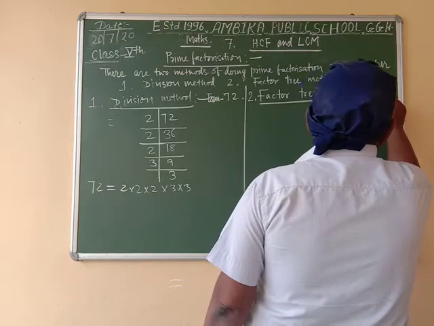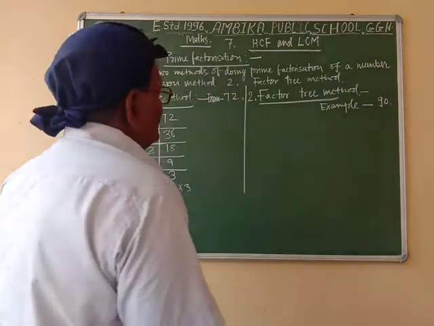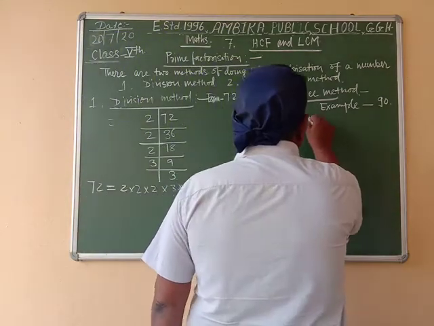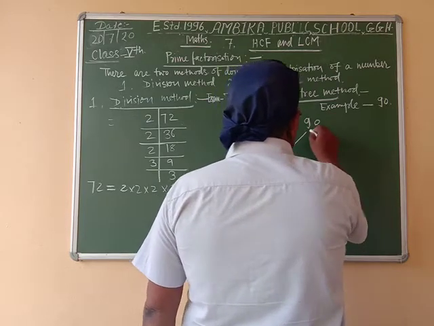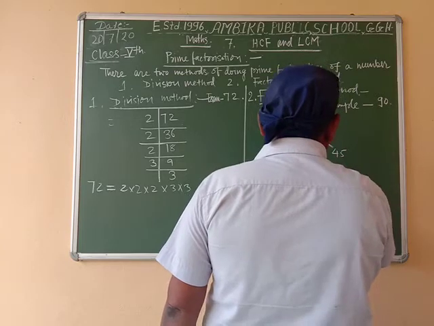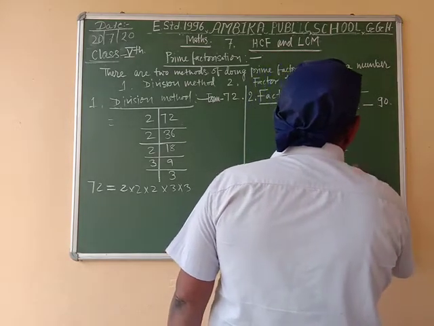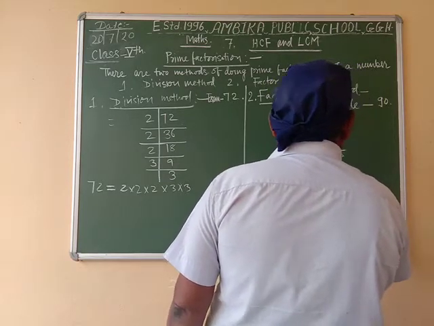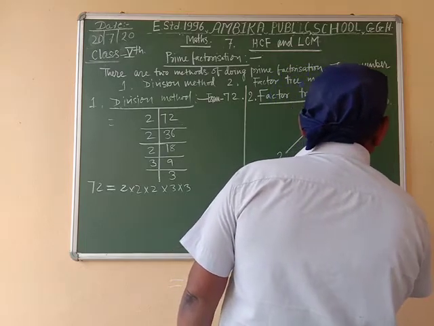We are given a number 90 and we have to find the prime factorization by factor tree method. We write 90 and dividing by 2, we get 45. Again, if we divide 45 by 3, we get 15 as quotient. Also 15 divided by 3, we get 5 as quotient.